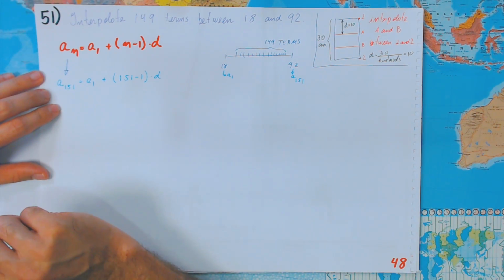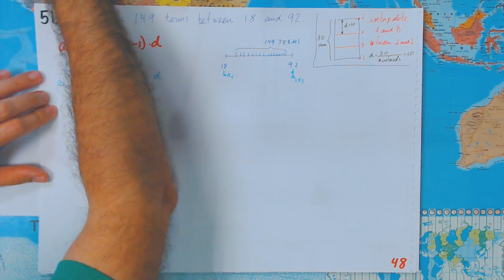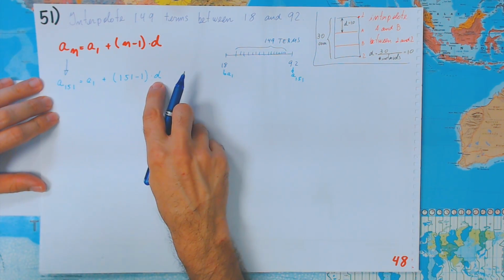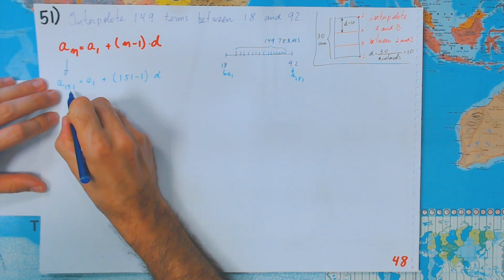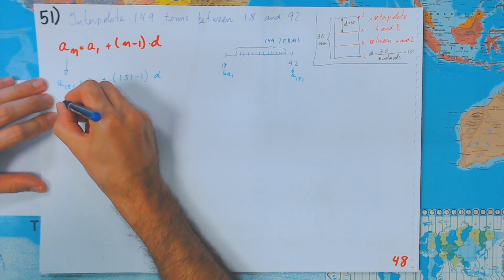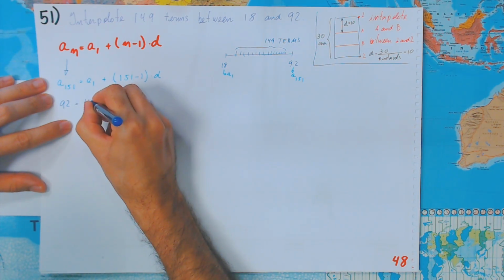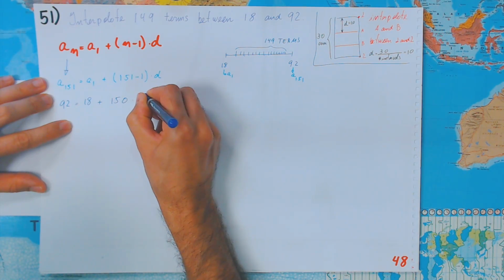That doesn't mean the exercise is going to have a very beautiful number for d, it probably won't. Anyway, a 151 is 92, so 92 equals 18 plus 150 times d.